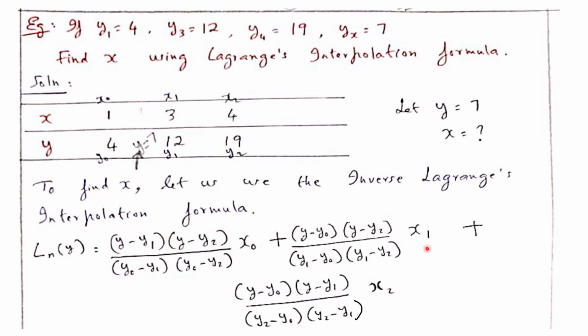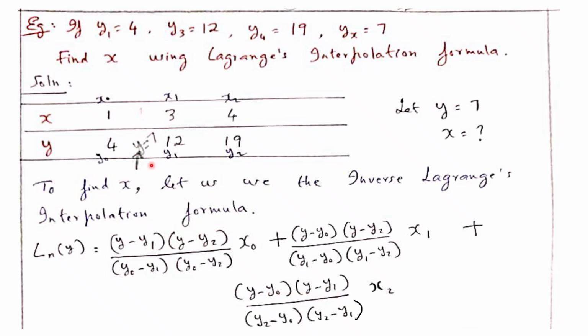Okay. Next, this x1 you already written. So there should not be any y1 term here. So that means it becomes y minus y naught into y minus y2. So in place of y in the denominator, you have to write this one, so y1 minus y naught, y1 minus y2 plus, here you see, this is x2 you should write first, and ensure that there is no y2 term in the numerator.